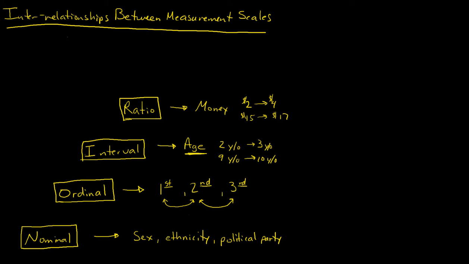We could also say that having $10 is twice the amount of $5. So we can express this as a ratio in this particular example, because having $0 is in fact the absence of the property of money.